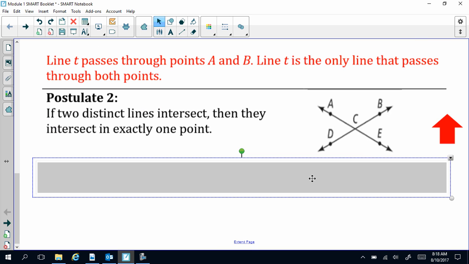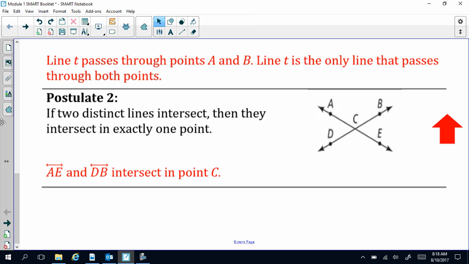Postulate 2 says, if 2 distinct lines intersect, then they intersect in exactly 1 point. So let's take a look at this one. This is another way to represent a line, or to name a line. So this is line AE. We write the AE, which are the 2 points that it goes through, with the little line symbol overhead.